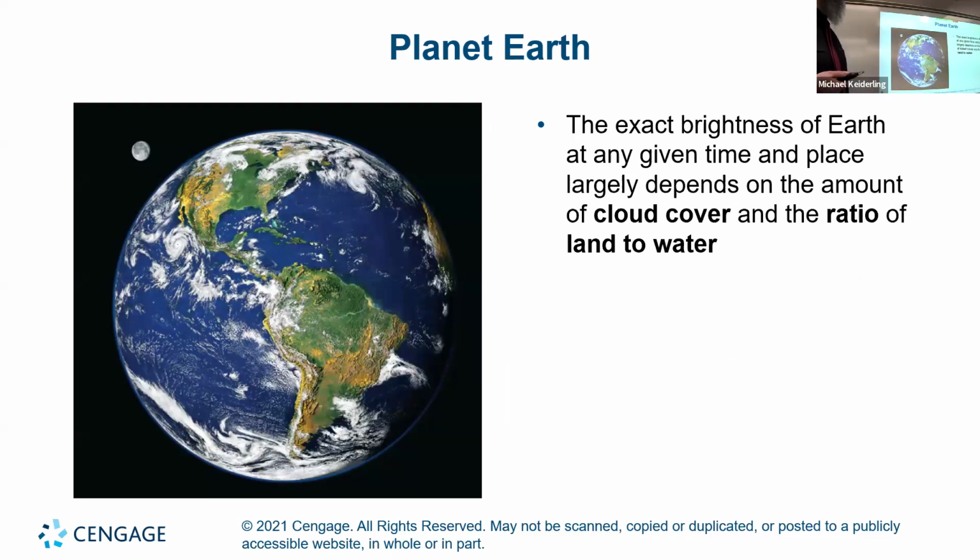Now, the exact brightness of Earth at any given time and place largely depends on the amount of cloud cover and the ratio of land to water. Land has a higher albedo than water. Clouds have a higher albedo than either of them because they're white, so they reflect a lot of light. That's why, if you're covered in clouds, you end up with a very high albedo usually.